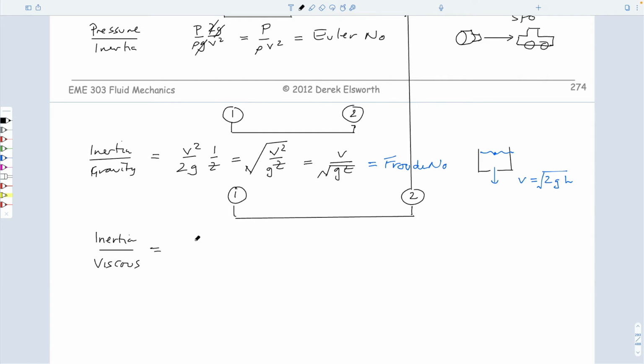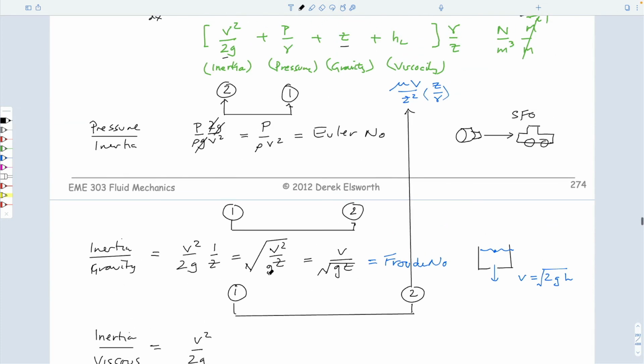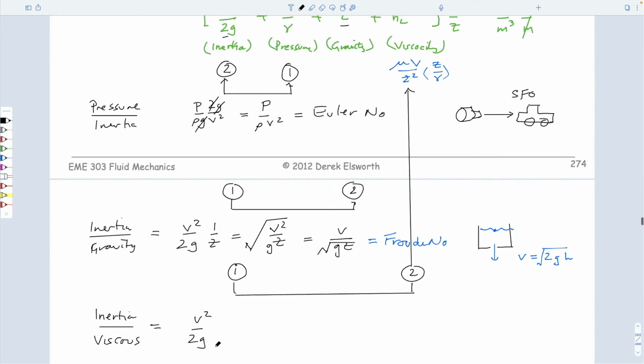Inertia would be v squared over 2g. Let's see if I've written this out rightly. Divided by mu v over z squared gamma, rho g. I'll take gamma out and just write it as rho g.